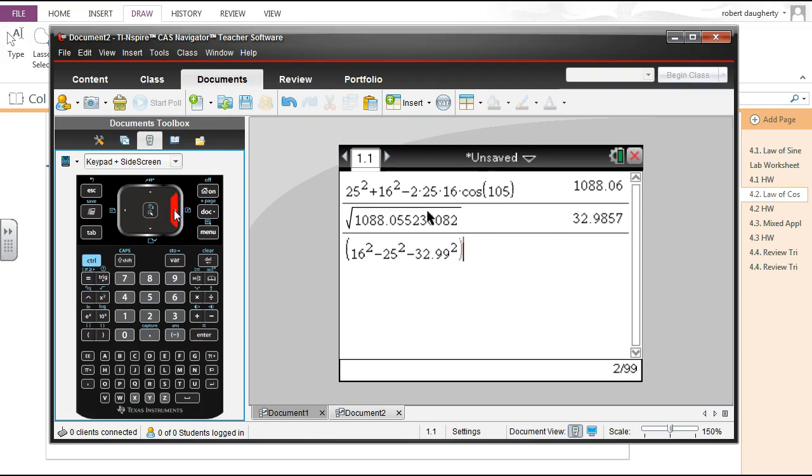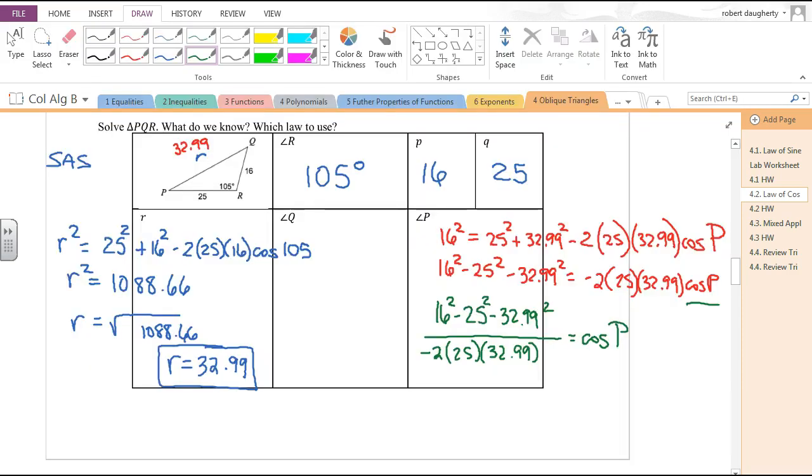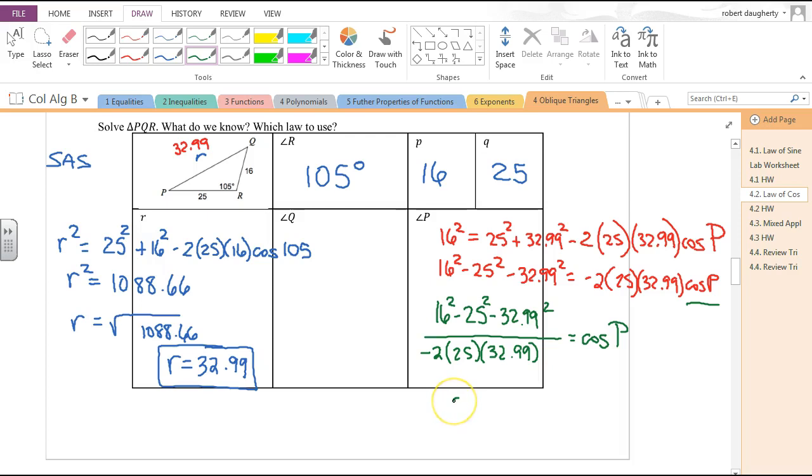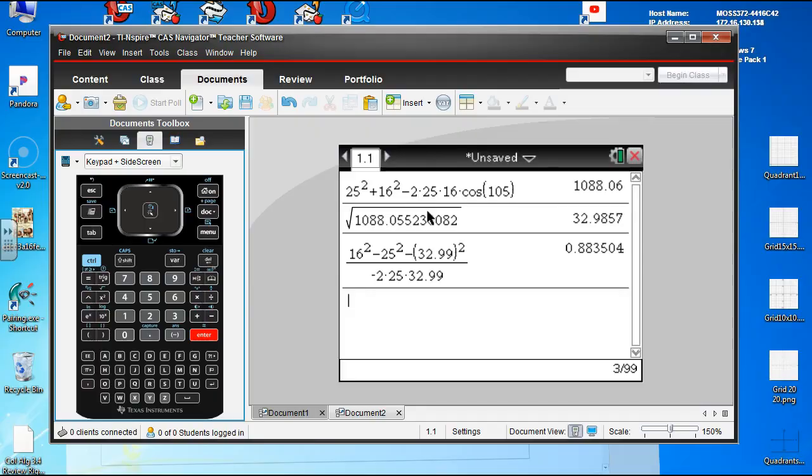And then divide it by negative 2 times 25 times 32.99. So divided by, and I'll put another parentheses, negative 2 times 25 times 32.99. And all of that is 0.883504. So cosine of P equals 0.883504.